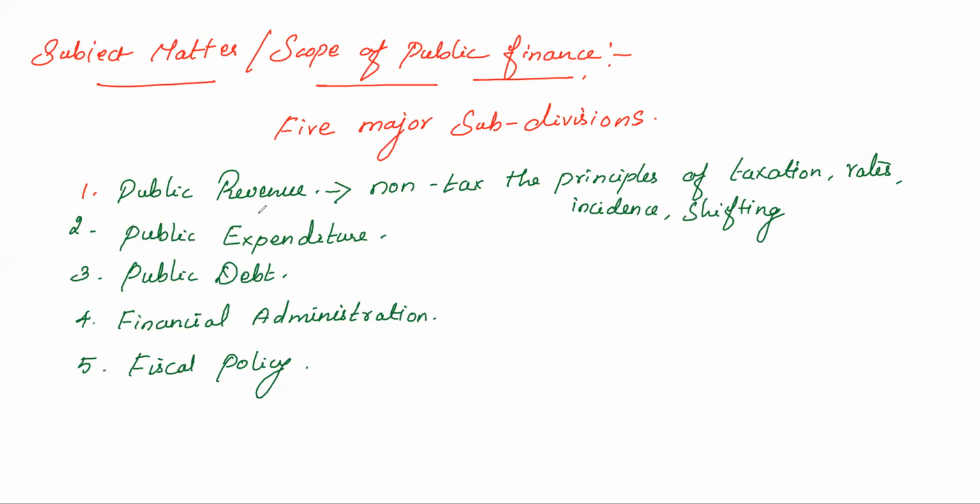Next one is public expenditure. Public expenditure covers the fundamental principles of government expenditure, the effects of public expenditure and the control of public expenditure.